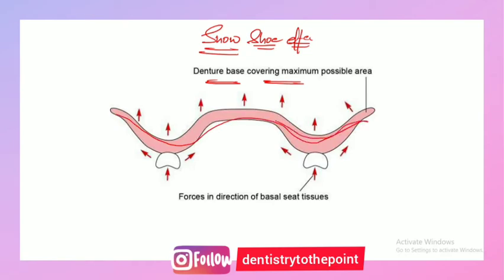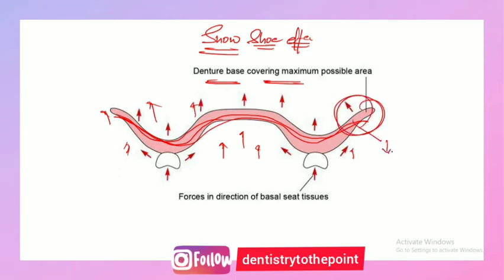So when you cover the maximal denture base area, the forces which are going to act towards the denture bearing tissues are going to be distributed in a wide area, right? So the force acting per unit area is going to be decreased.